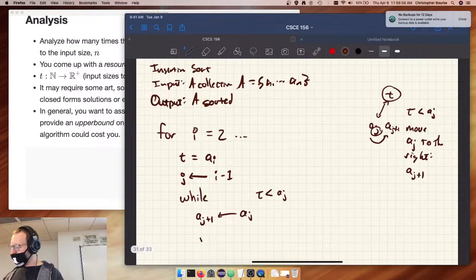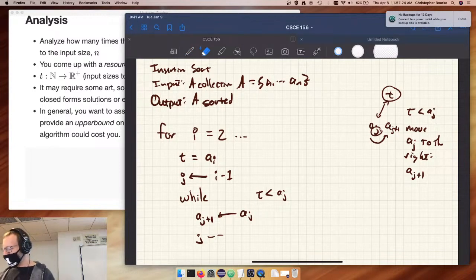So j minus minus. If you want to be technical, not all programming languages have the compound or the iterator operator like that, and so you could say that j will take on the value of j minus 1. You're getting too pedantic there. Minus minus is just fine. If your language doesn't support that, your language sucks.